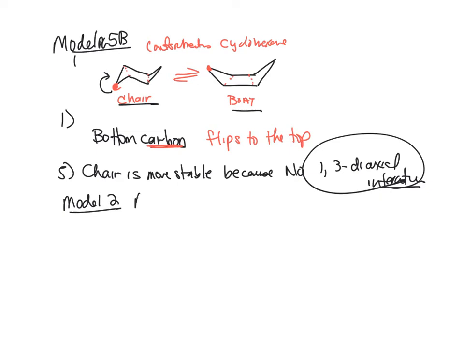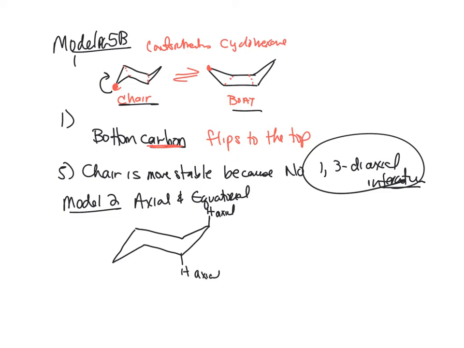This is the axial and equatorial. I'm going fast through this because we've already done this. Remember how I told you to draw your chair, your framework. You draw your framework, and then you draw in your axial up, down, up, down, up, down.